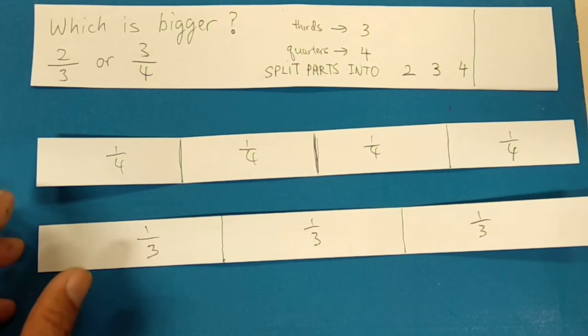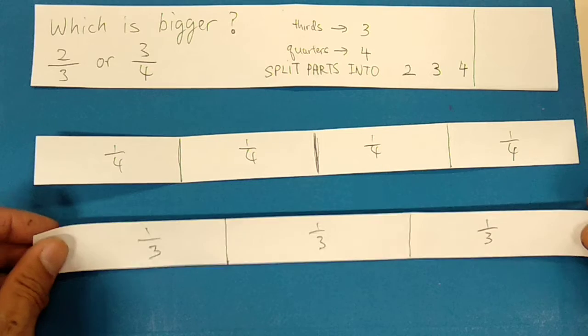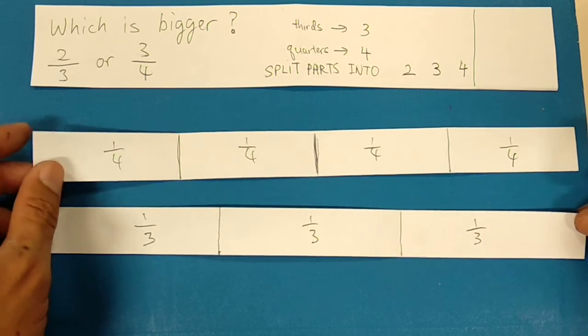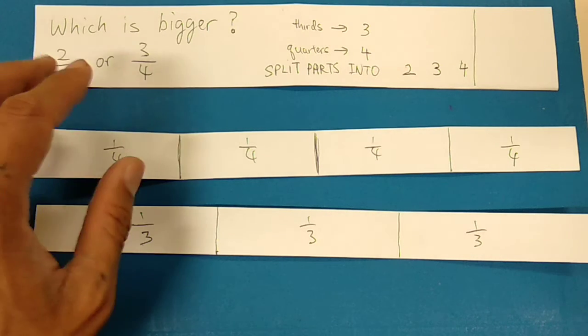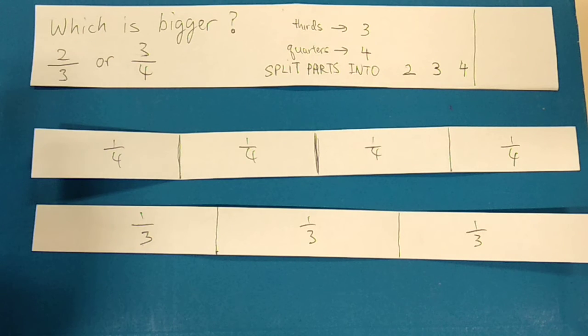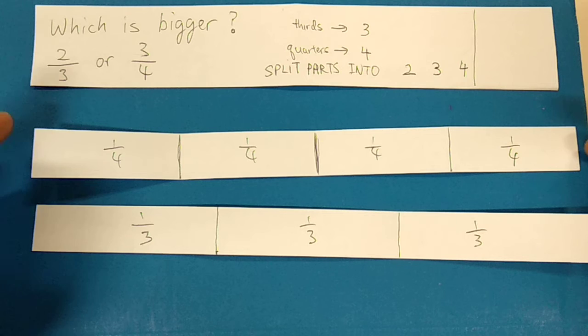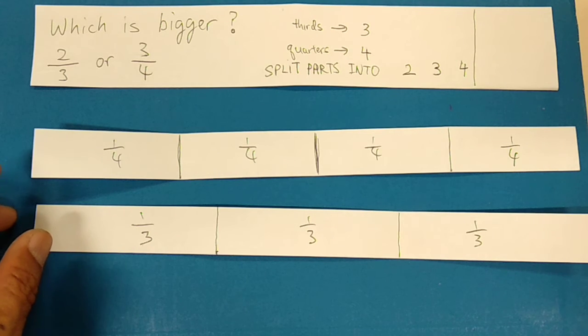Now, in the second method, I'm going to show how you could compare these two fractions if you don't actually have the strips with you on hand. So with your imagination, you could further break each of the parts into smaller parts so that the total number of parts in each of these two strips are the same.